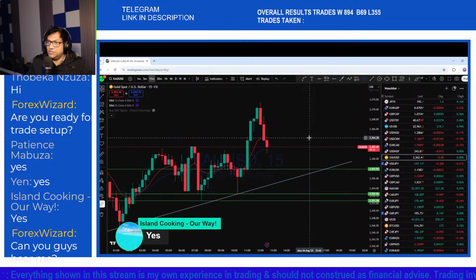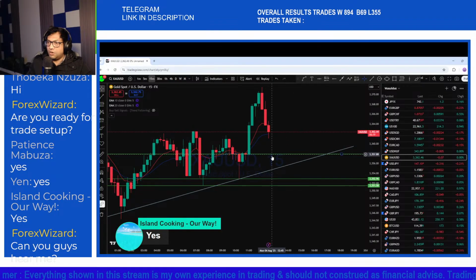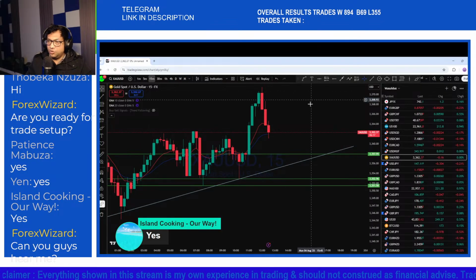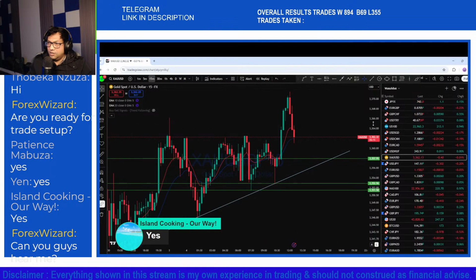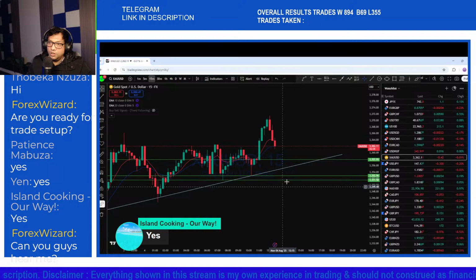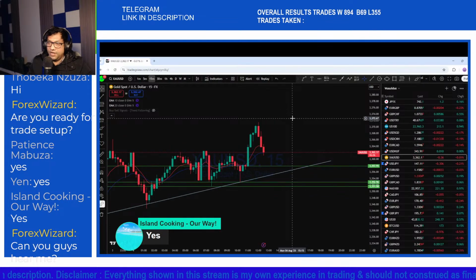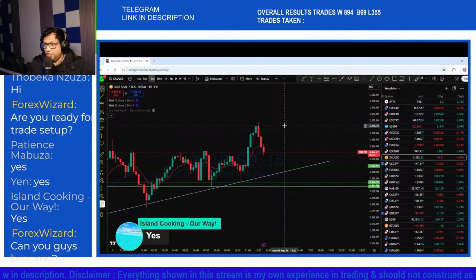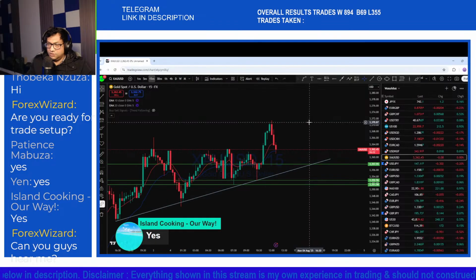3352.53 level is crucial. Expecting it to come back here and then to revert back again to the major direction of the trend. So our goal here is to look for the market to drop here and then to reject back again to the upside to create a new higher high in this market.